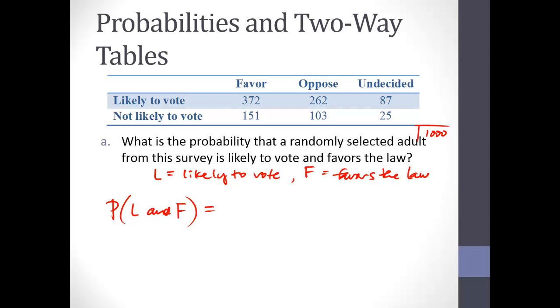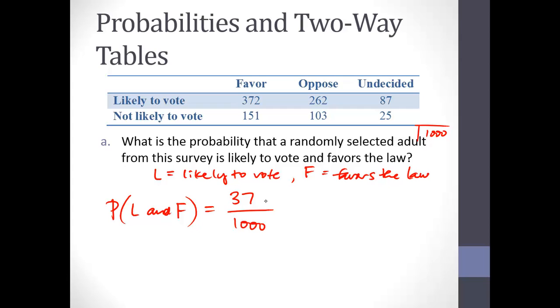So if I want this probability, it's going to be out of 1,000 people because I'm just looking at a randomly selected adult from the survey, so that's out of everybody. How many of those people are likely to vote and favor the new law? 372, exactly right.